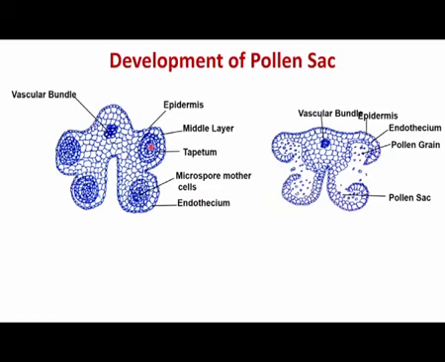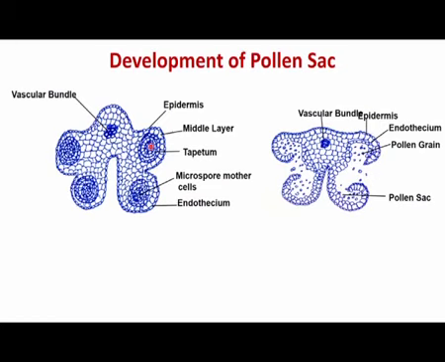These cells go for periclinal division to give rise to subepidermal primary parietal cells and an inner primary sporogenous layer.